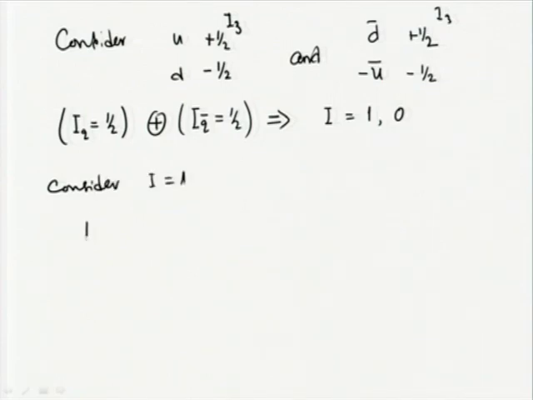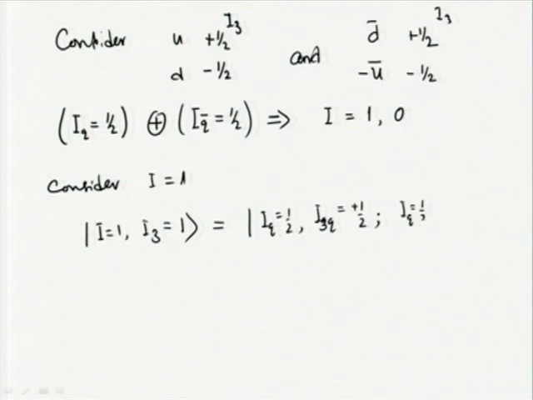Again, if we think about I equal to 1, I3 equal to 1, there is only one combination that can give this in terms of the quarks, which is I_q equal to half, of course, that is the only thing, I3_q equal to plus half and I_q-bar equal to half and I3_q-bar equal to plus half.